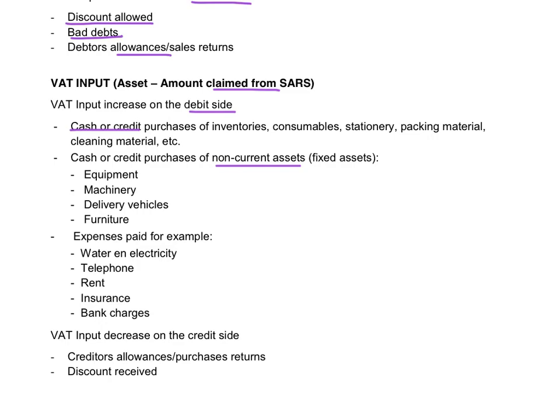The assets will never include the VAT in the asset account because we claim the VAT back from SARS. When we pay expenses, we will also pay VAT on the expenses, and this VAT can be claimed back from SARS. VAT input will decrease on the credit side because it's an asset. Assets increase on the debit side and decrease on the credit side. So creditors' allowances and discount received will decrease my VAT input.